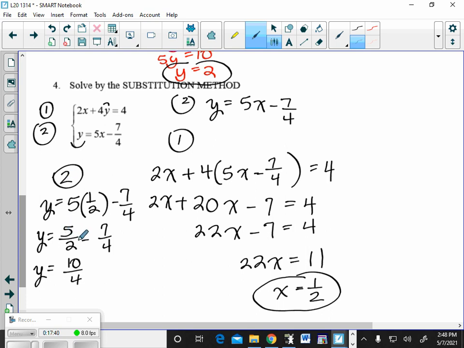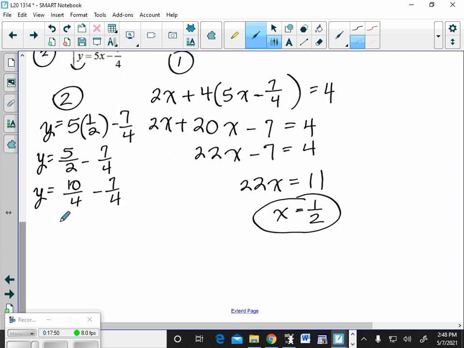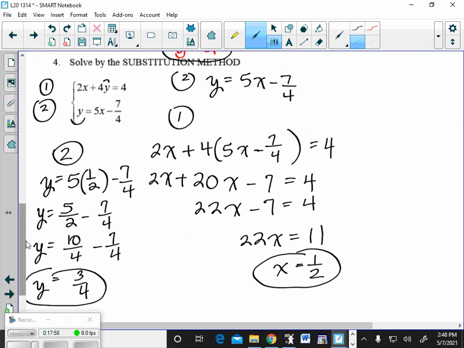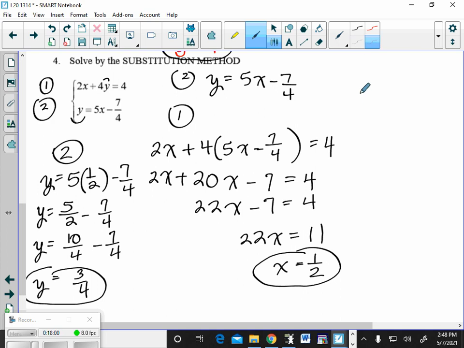So 10/4 minus 7/4 is equal to 3/4. So now we have a solution to our system, and that solution is (1/2, 3/4). That is our ordered pair.